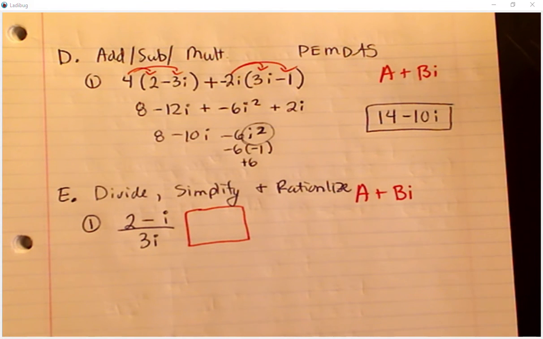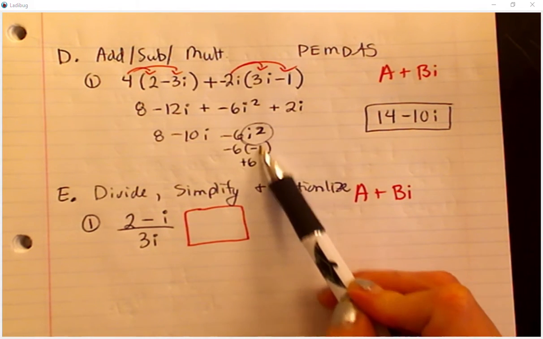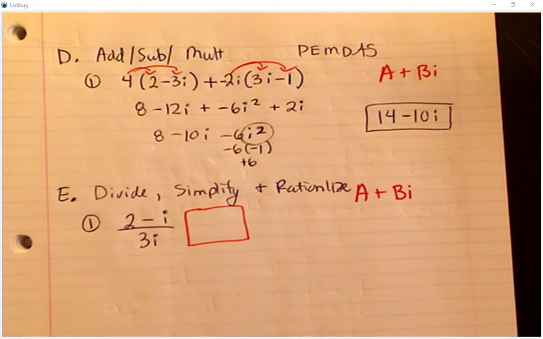How am I going to turn 3i into a rational number? Think about your powers of i. What kind of power is going to get rid of the i? Which power of i gets rid of the i?